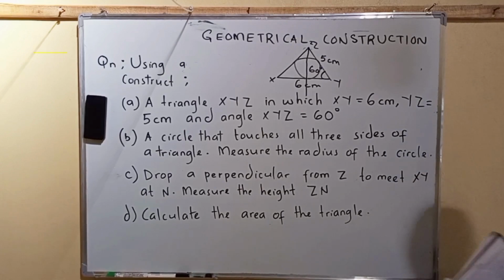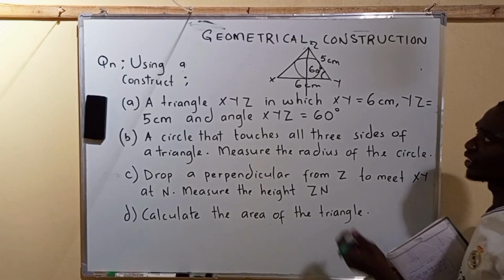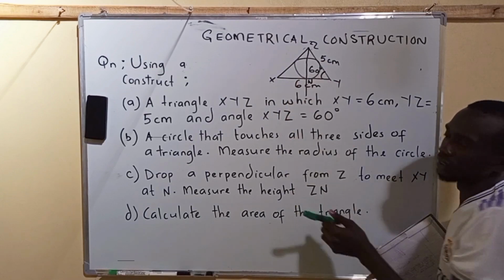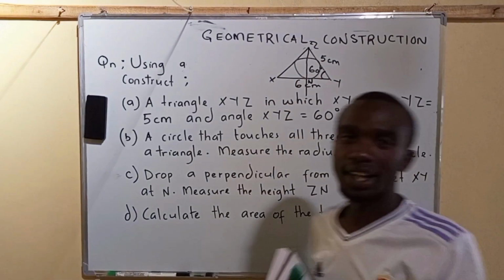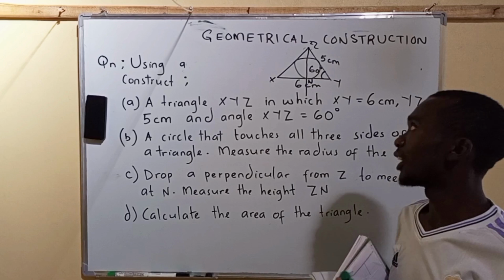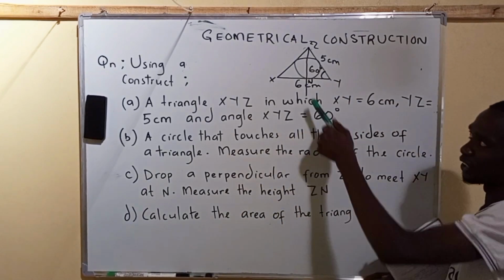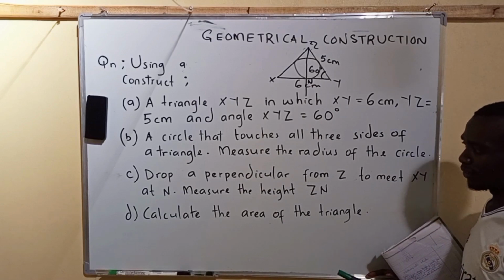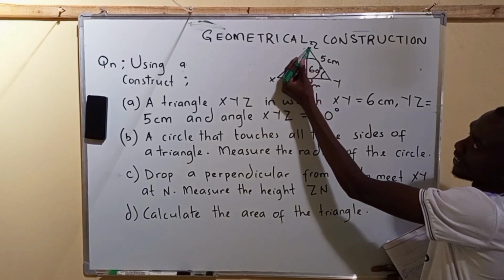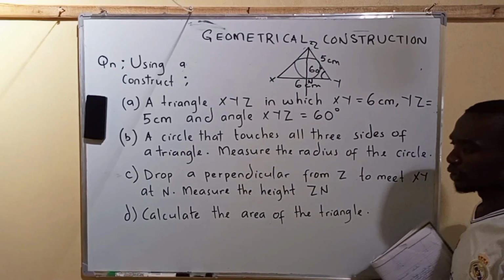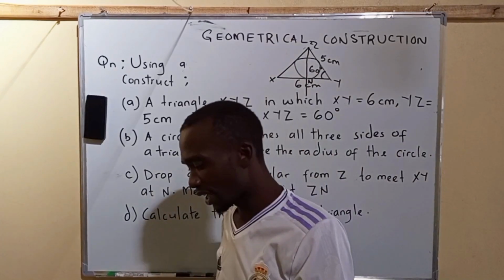This line should meet XY at point N. Then finally, we are going to measure length ZN, and use the length ZN to calculate the area of the triangle.